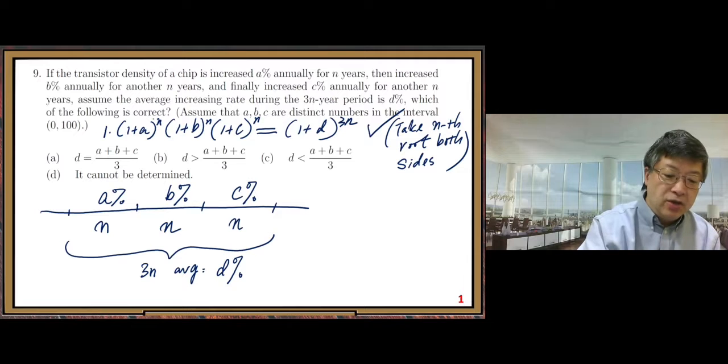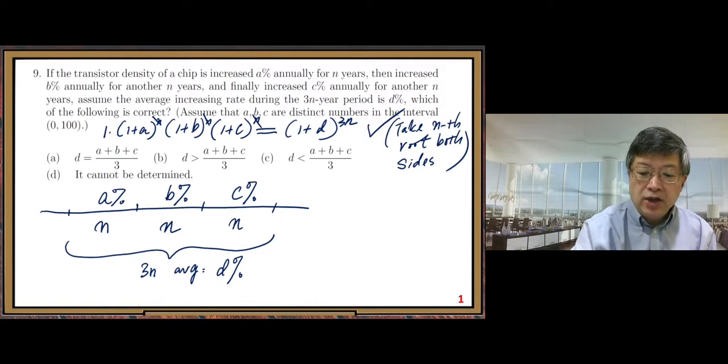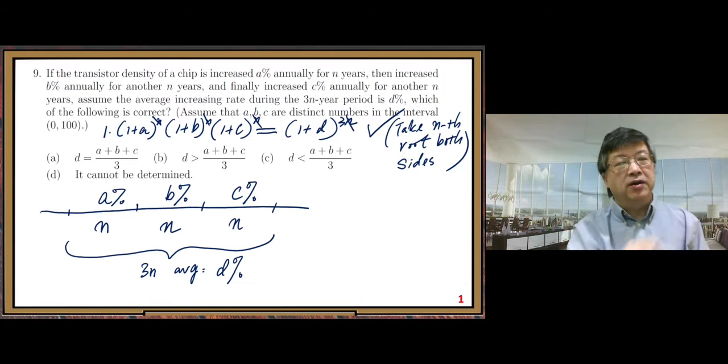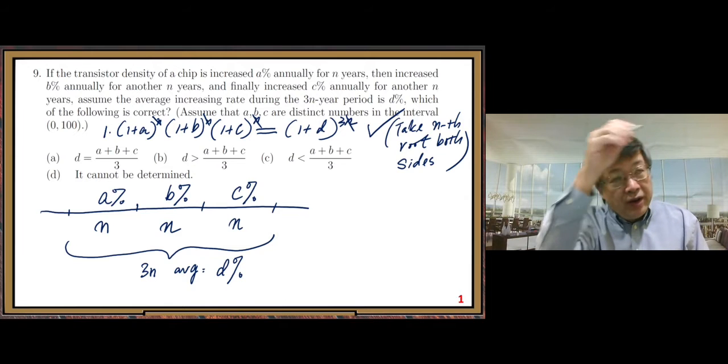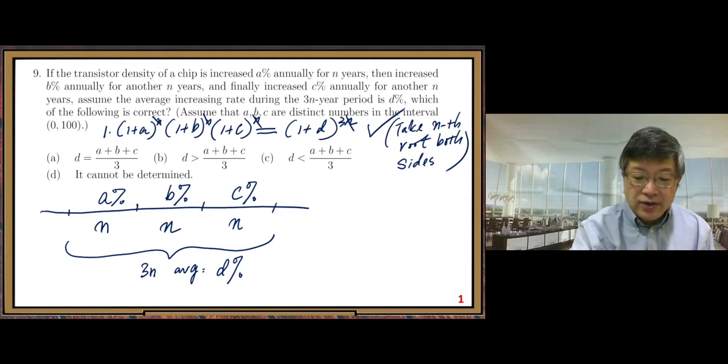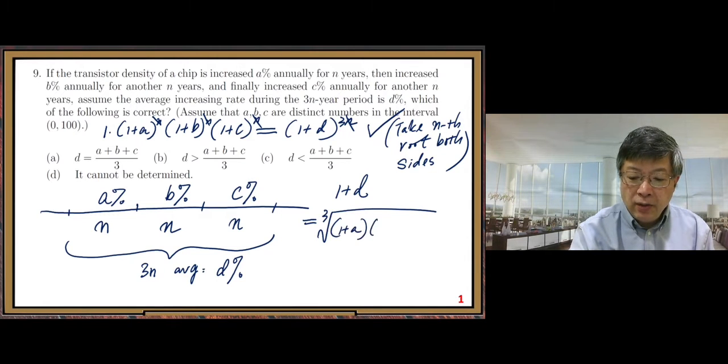So simply just cancel out that exponent n part. After that cancellation, then we take cubic root, both sides. Cubic root. So we can write 1 plus D equals cubic root 1 plus A, 1 plus B, and 1 plus C.